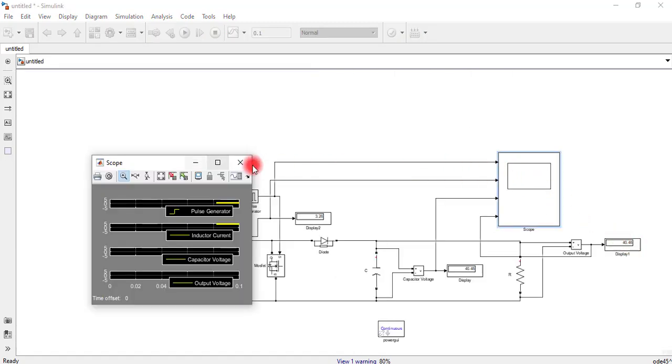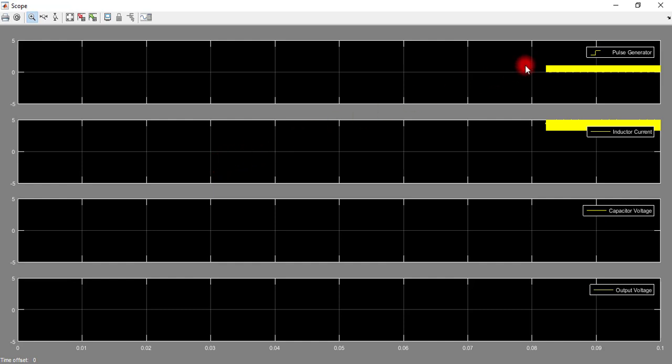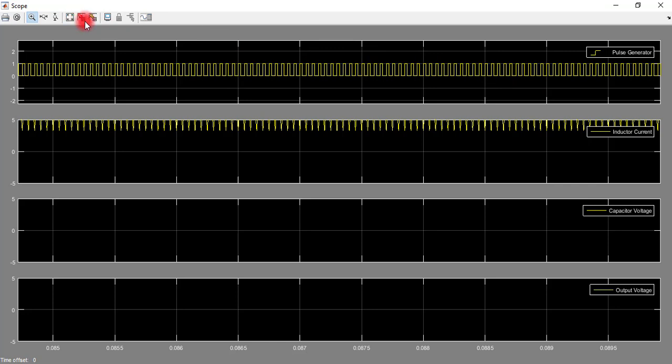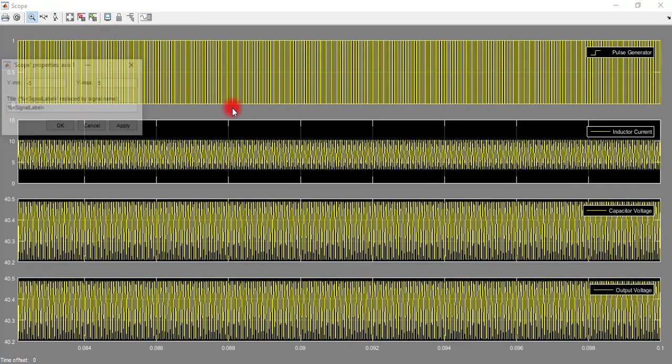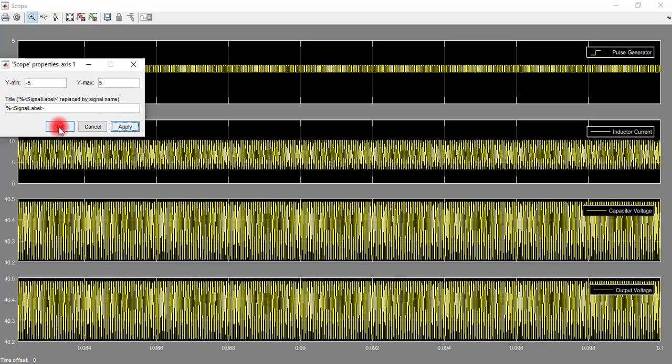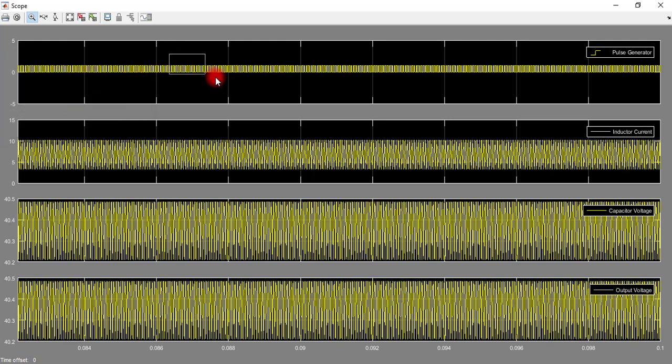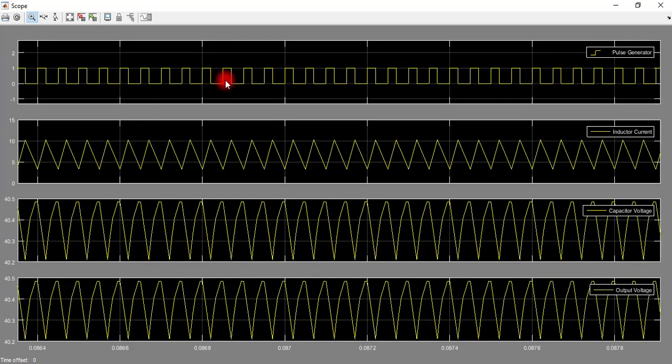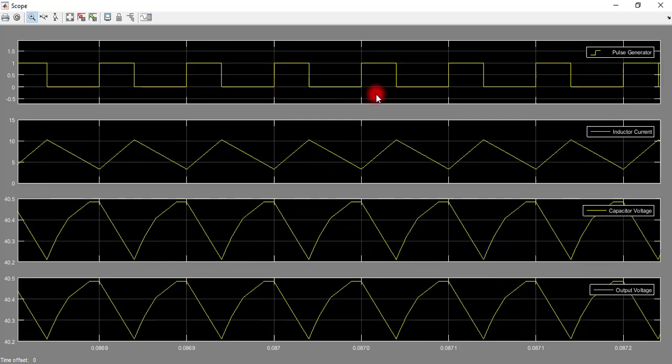So we can see the graphs. This is the pulse and the inductor current. Also you can see the capacitor voltage and the output voltage.